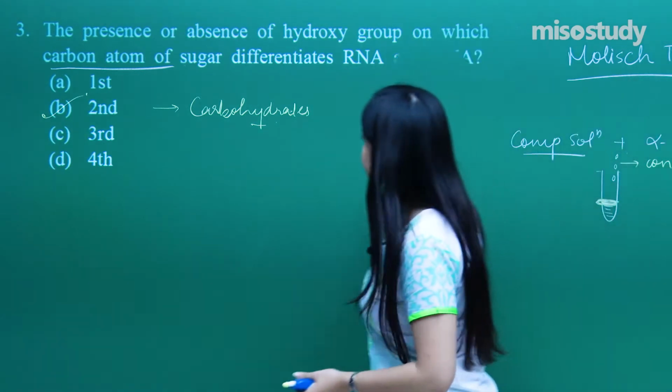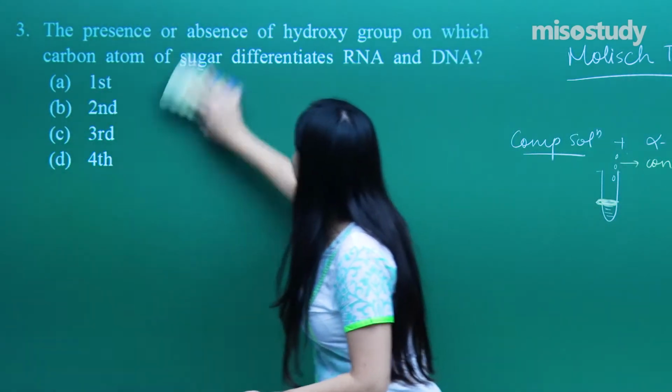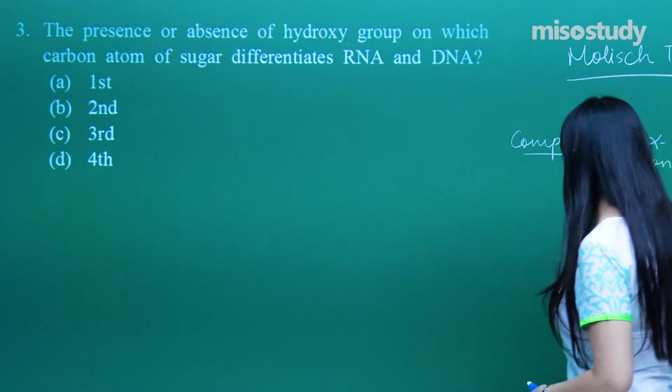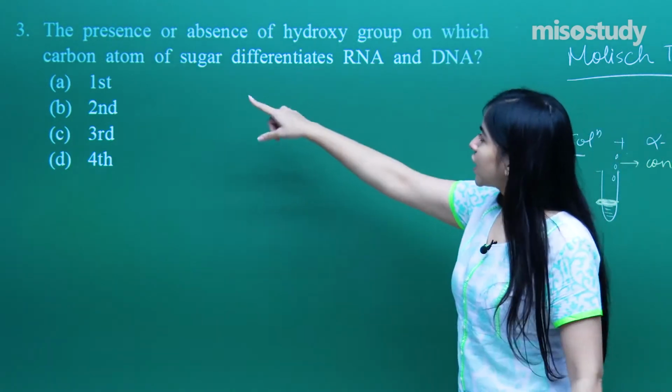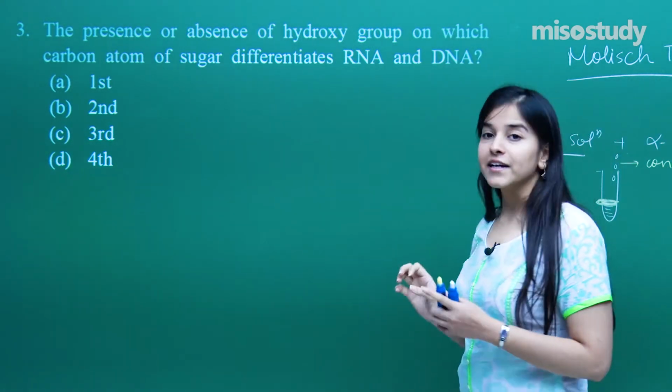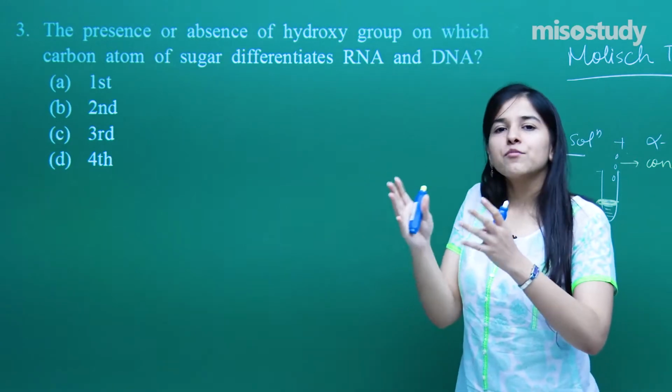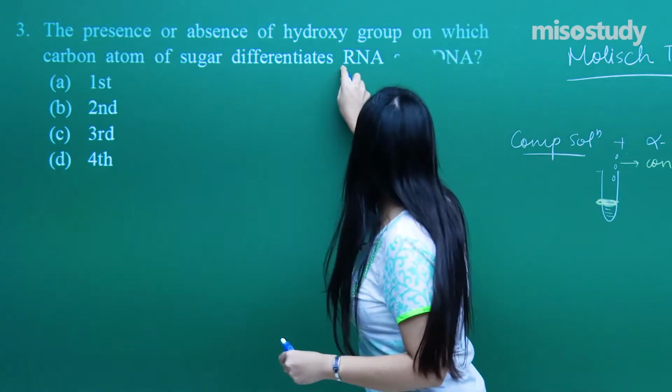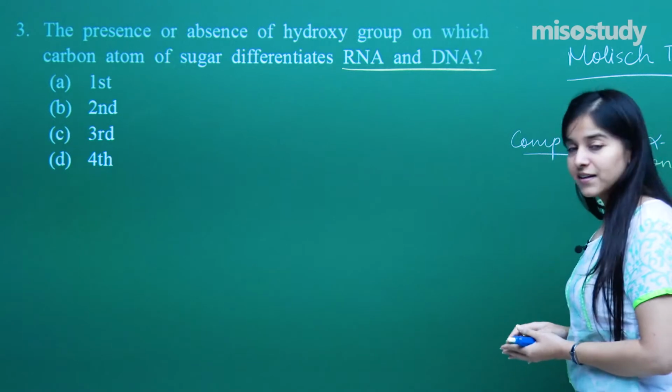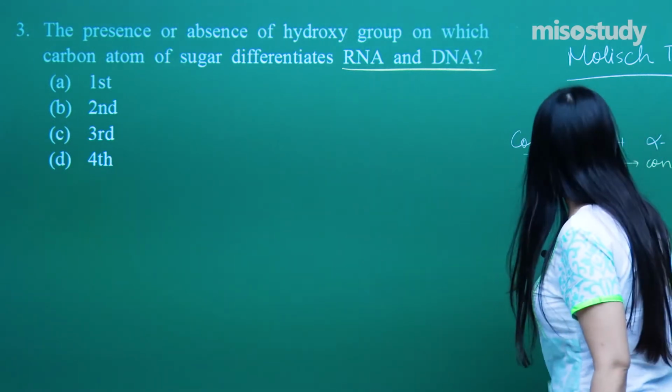Now, the presence or the absence of a hydroxy group on which carbon atom of sugar differentiates RNA and DNA? They are actually asking about the difference between the structure of RNA and DNA. Let us try to work it out.